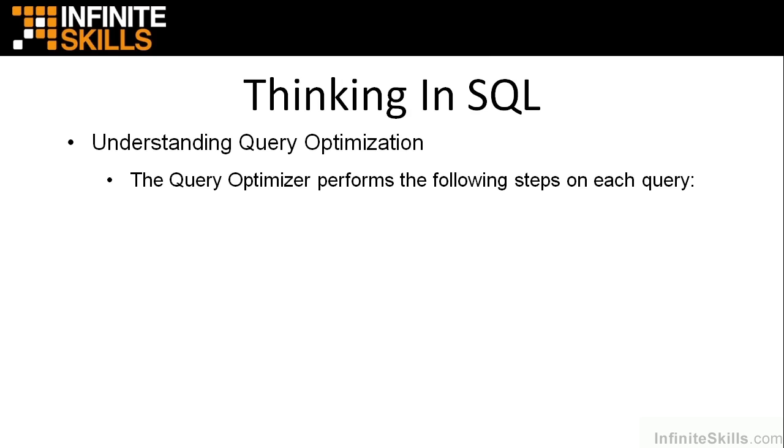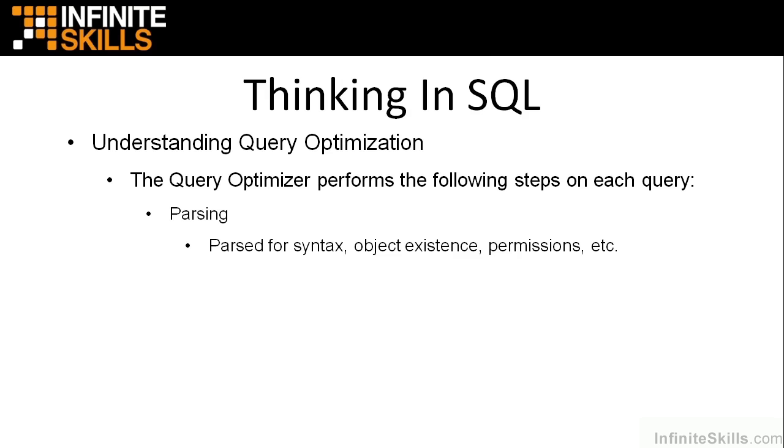It's not quite that simple. However, every time we execute a query, the Query Optimizer performs these following steps in this order. It parses the query for syntax to make sure that it can figure out what we're asking it, that syntactically it's correct. It checks to make sure that the objects, the tables, the views, whatever that we're referring to exist in the database and it can find them. It will check our permissions on those objects, and so all that happens.